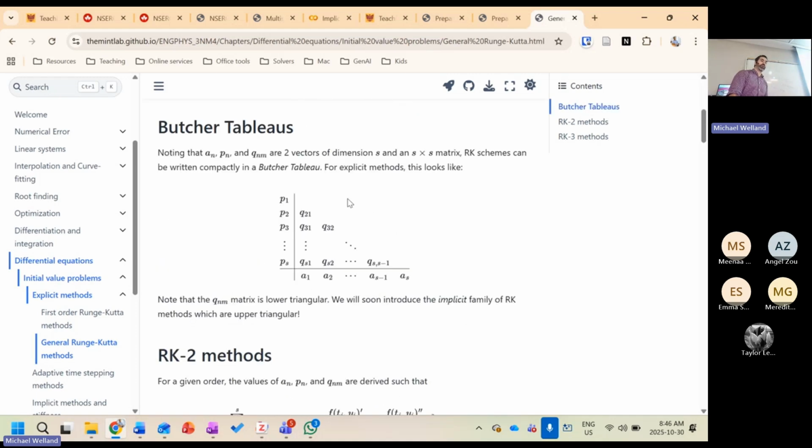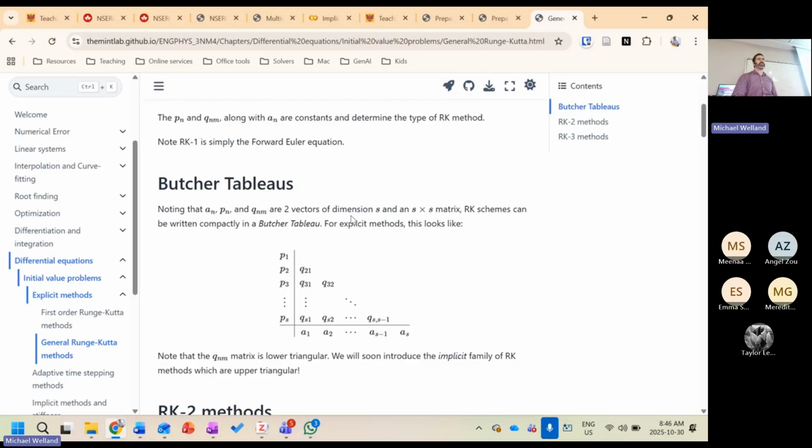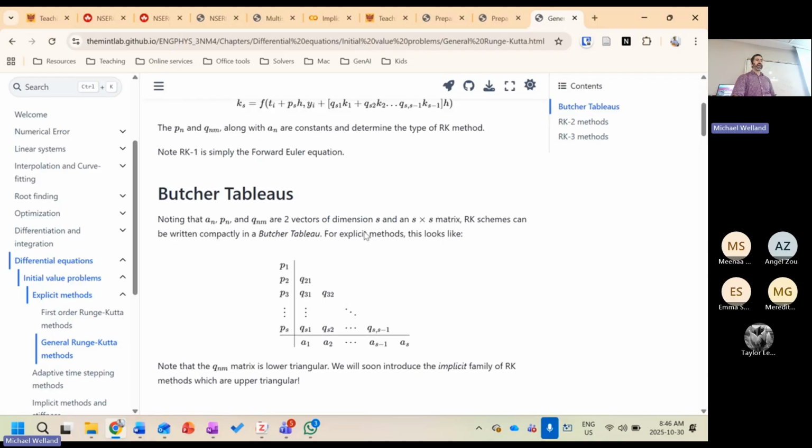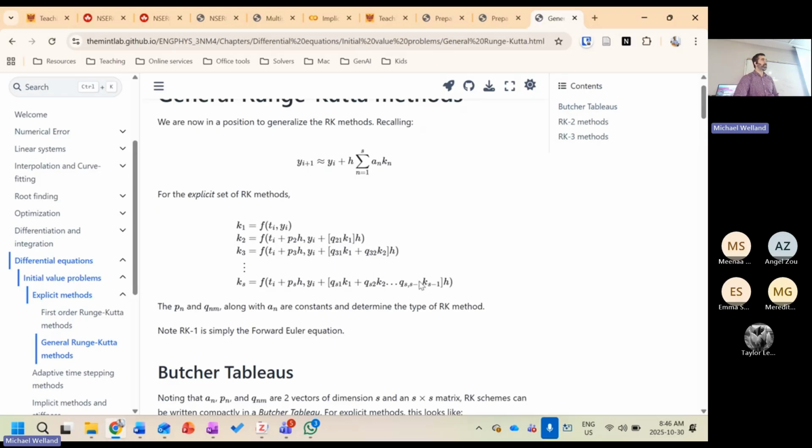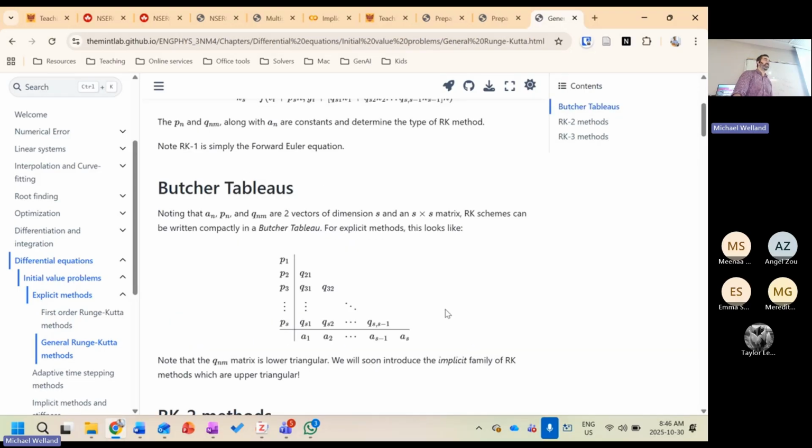You introduce something called the Butcher tableau. I do need to go through this one quickly because it comes back with the implicit one. The Butcher tableau is the formalization of this whole process. It's ugly, these things are super, super ugly, but you chuck them into a machine and the machine knows what to do with it because it's algorithmically put there. So Butcher tableaus are nice because they're condensed.